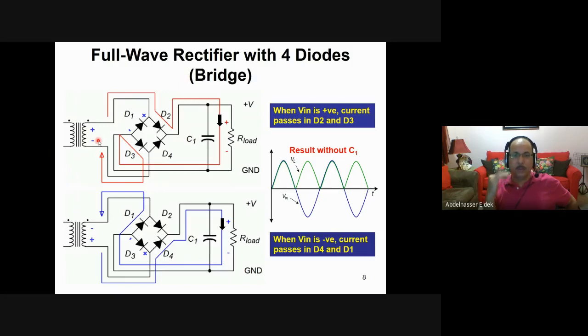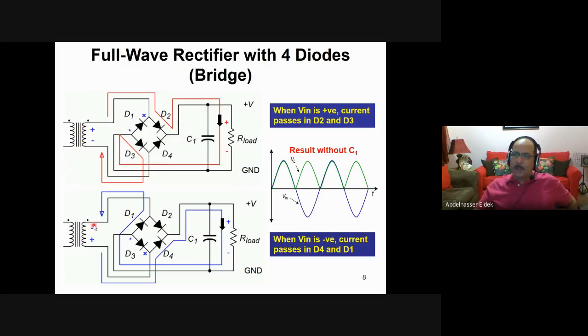No, it will be the voltage across the two diodes, because in this path we have two diodes, D2 and D3. In this case, if this voltage, for example, is Vn, then the load will be Vn minus 0.7 minus 0.7. So it will be minus 1.4 volts.